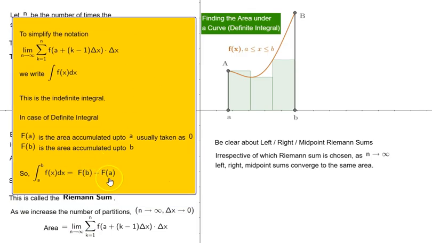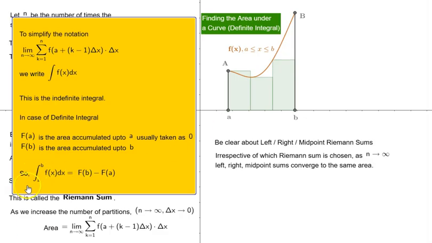So if we subtract these two, we get the area under the curve. But remember, I have restricted the curve. If it was a continuous curve before A and after B as well, then area accumulated up to A would be some value. In which case also F of B minus F of A would give you the area under the curve from A to B.